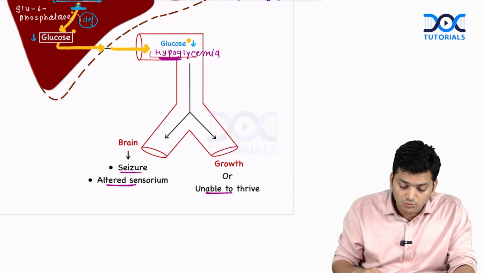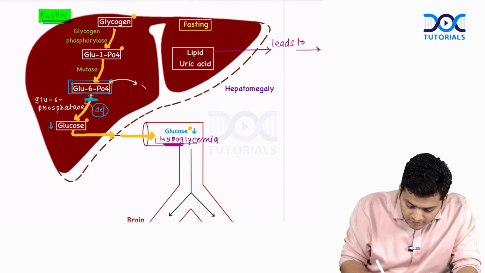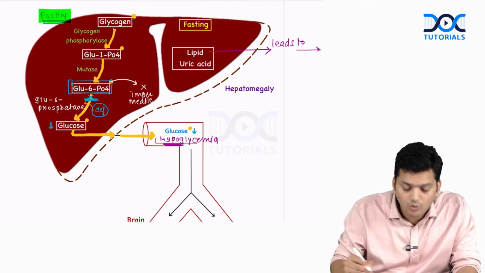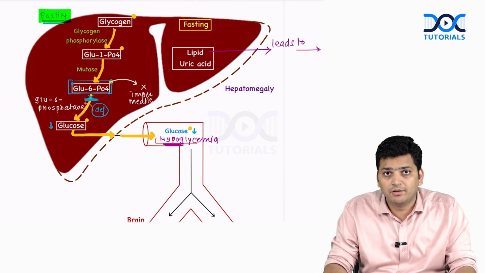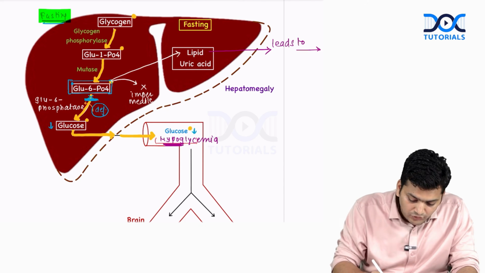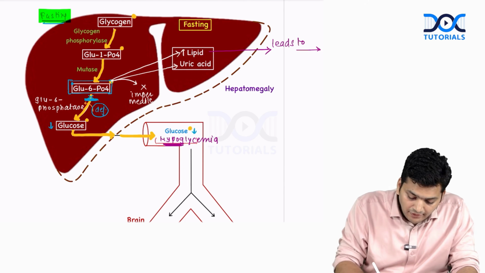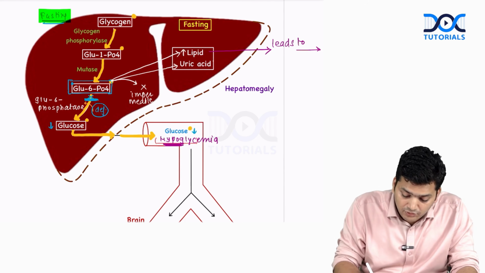Plus one more problem that is going to happen is that glucose 6 phosphate is impermeable from the hepatocytes. It can't go out. So this glucose 6 phosphate can convert into lipid, and can convert into uric acid. So this child will have hyperlipidemia, and there will be hyperuricemia.